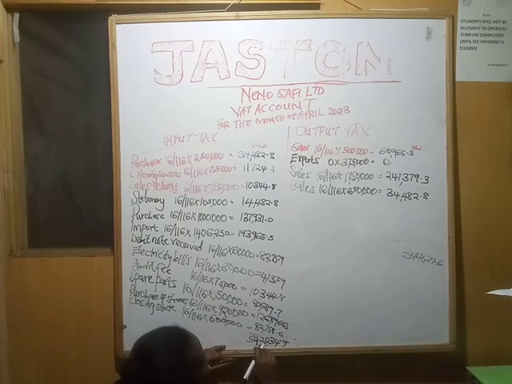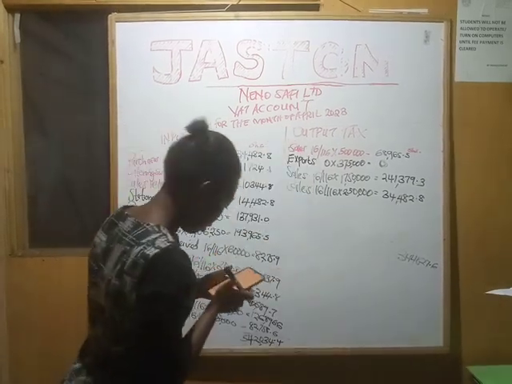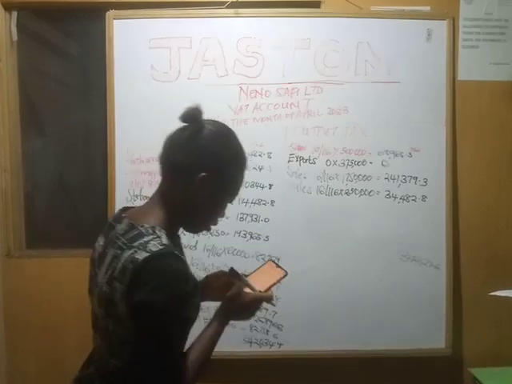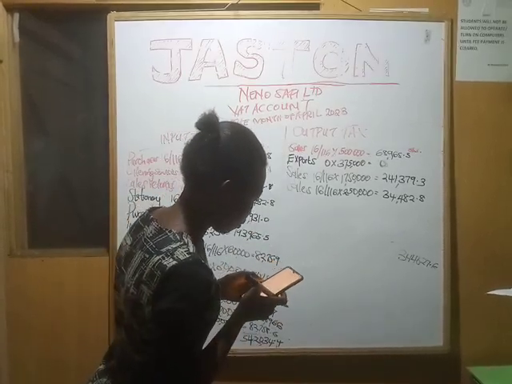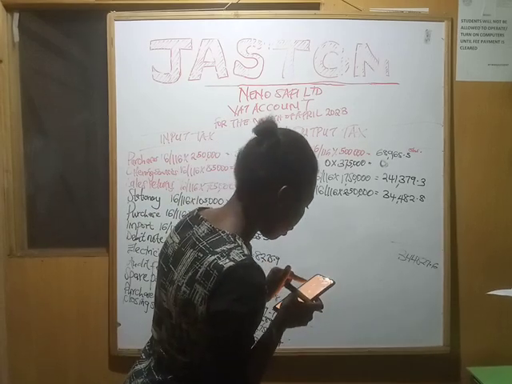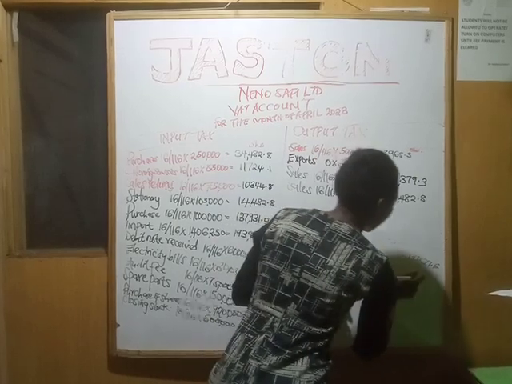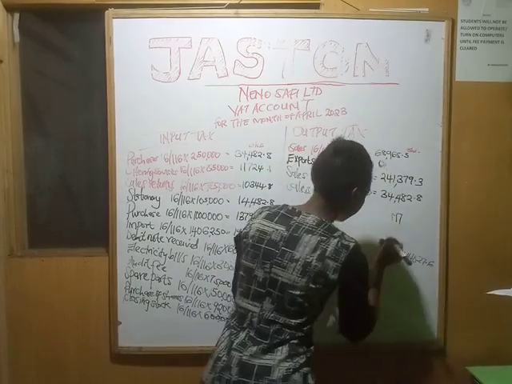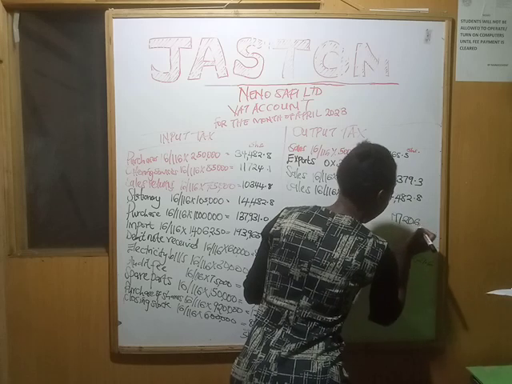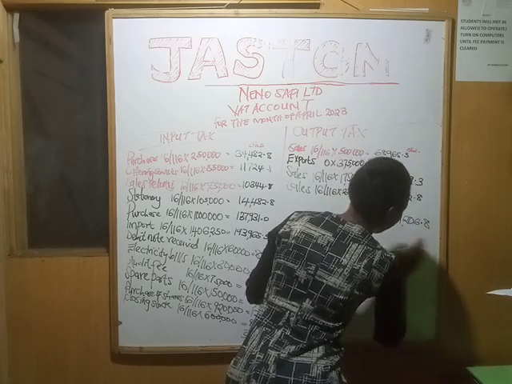So we take the difference. We less 344,827.6 from 542,034.4. We get 197,206.8. So this one should balance.